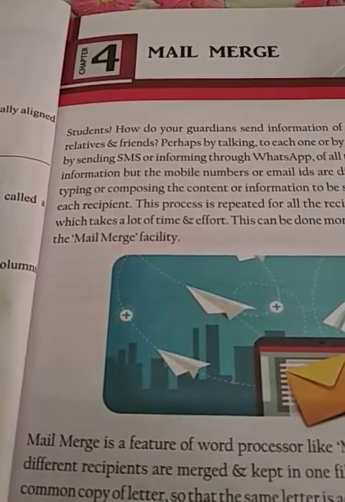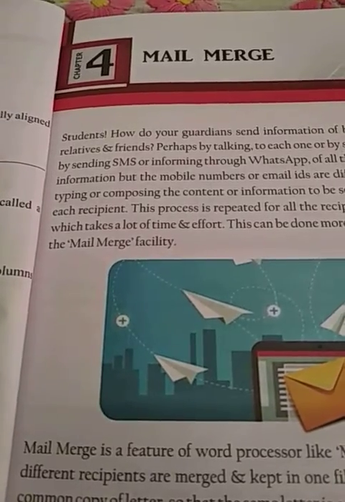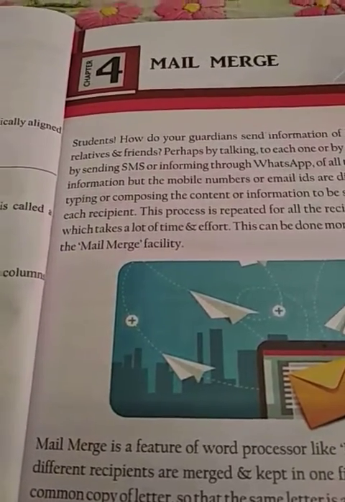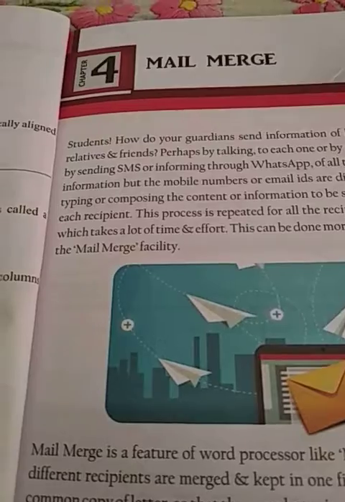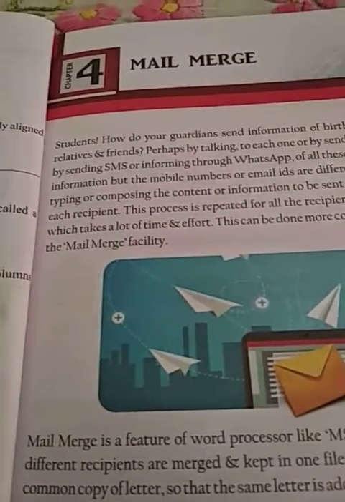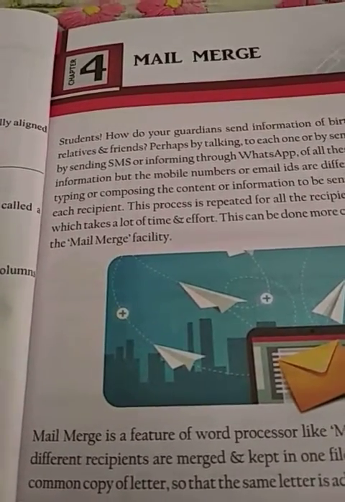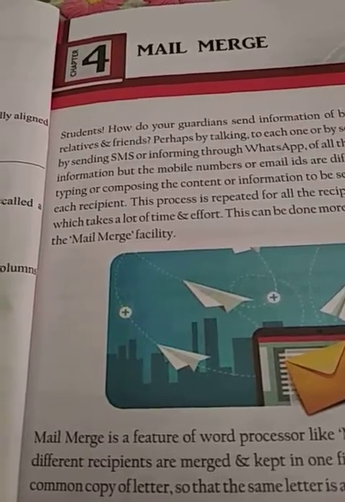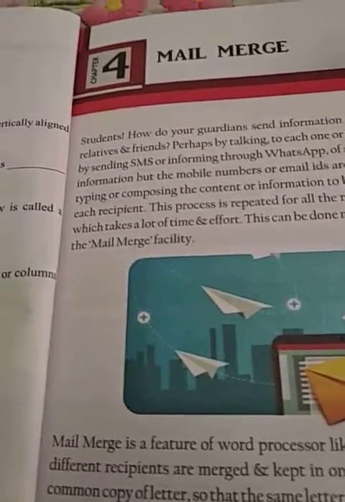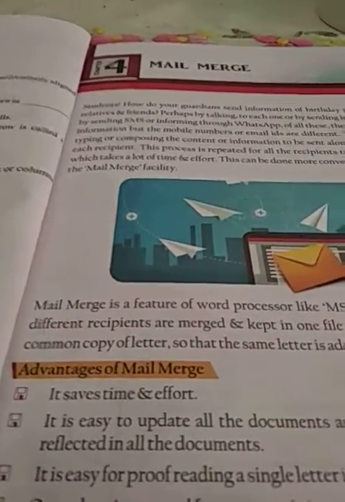There is a method in which we can save our time and effort, and the same work can be done very easily and efficiently, and that method is called the mail merge facility. Now come, let us see what this facility is.